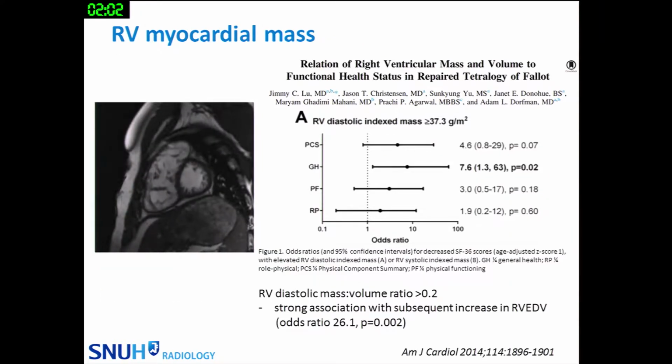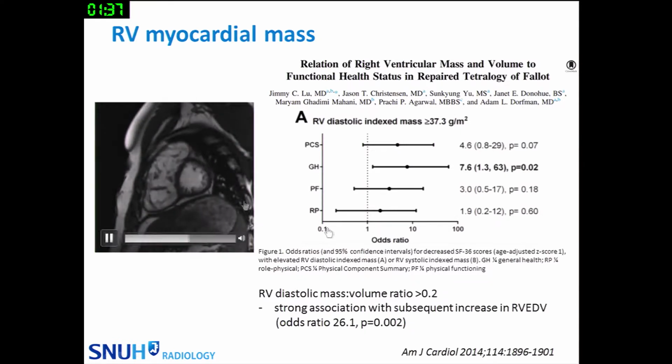And recently, the MRI is used not only for volumetry, but also to measure the LV myocardial mass. LV myocardial mass is quite a famous parameter, and we can use that for hypertrophy of the myocardium. But the LV myocardium is so thin, it's very tricky to measure. But anyway, we can measure the LV myocardium, and some reports come from that.